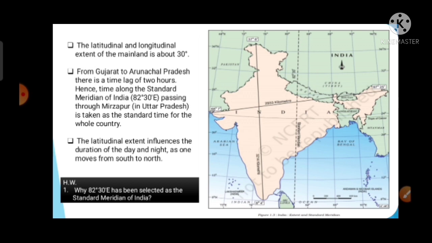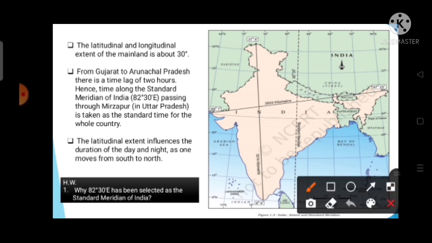Okay, India is bounded by the Yangtze Mountains in the northwest, north and northeast, as you can see in the map. India is bounded by the Yangtze Mountains, that is Himalayas. Okay, Himalayas surround the country in the north, northeast and northwest.